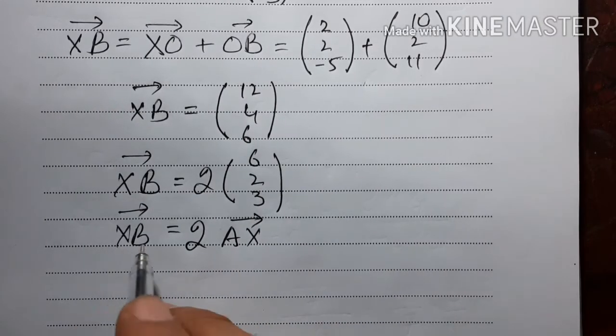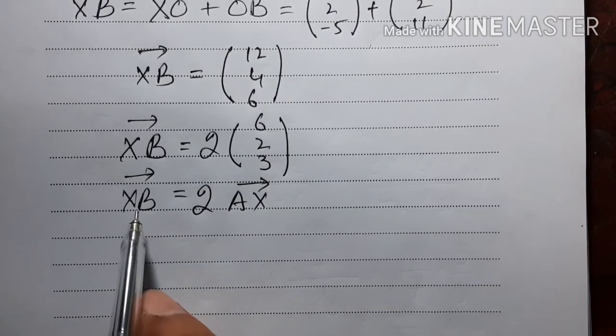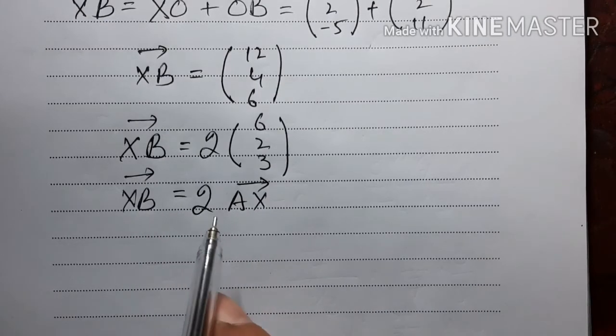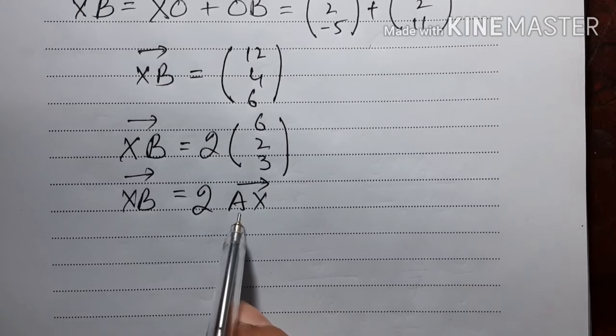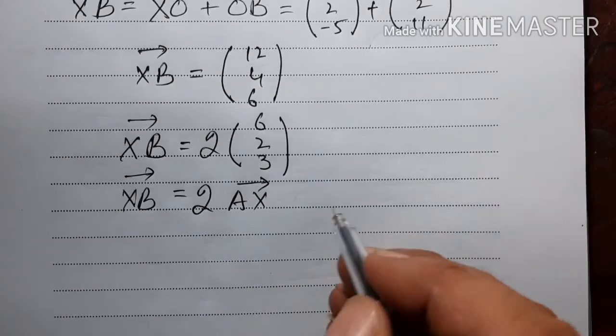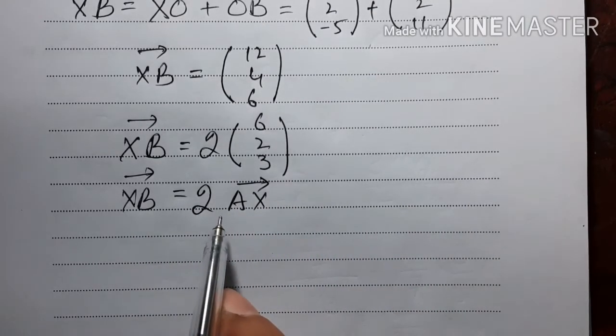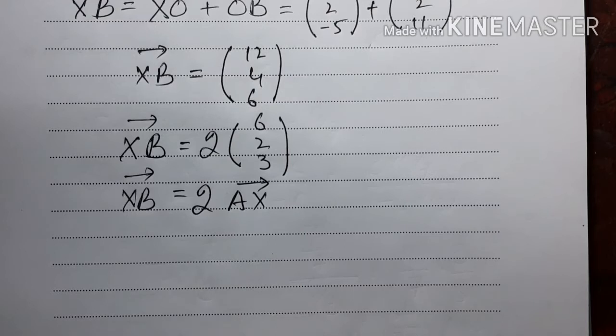Since a vector is parallel to another vector if it can be written as some constant multiple of the other vector, this condition is satisfied in these two, because one vector is a constant multiple of the other.